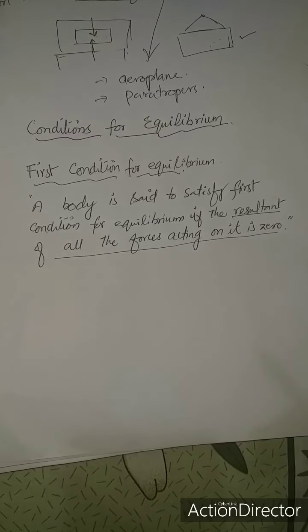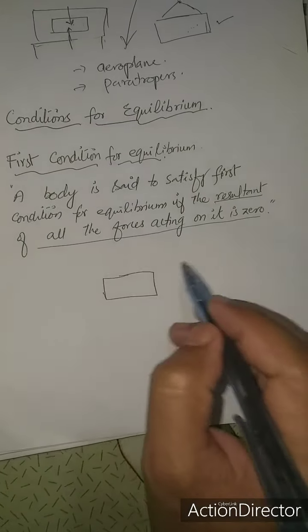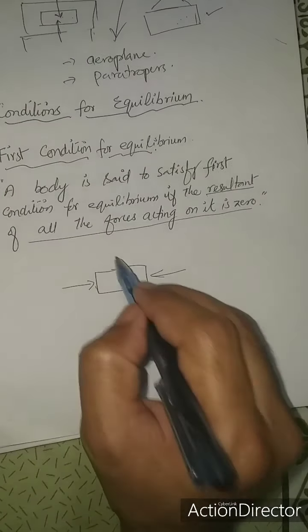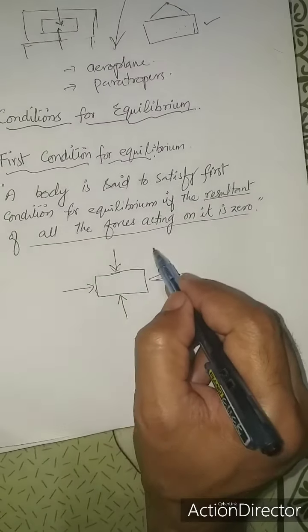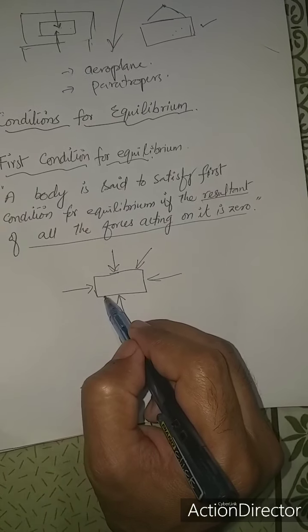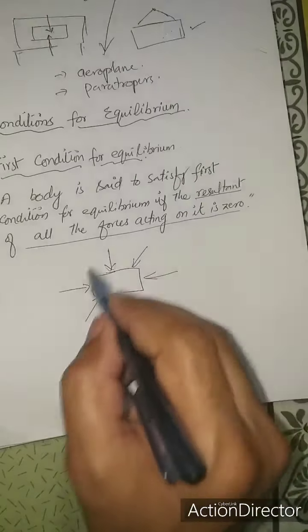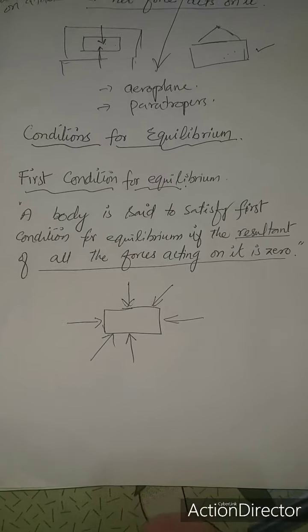Here is an object and one force is acting from this direction, one from this direction, and others in these directions. The resultant of all the forces acting on the object is zero, right?